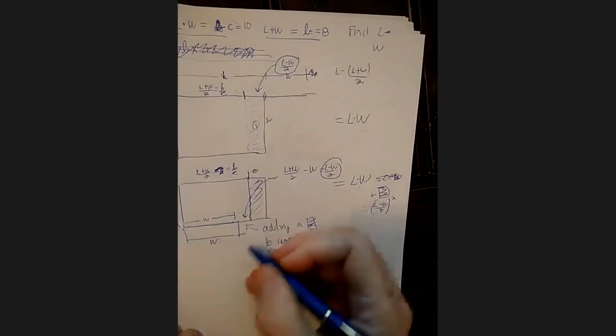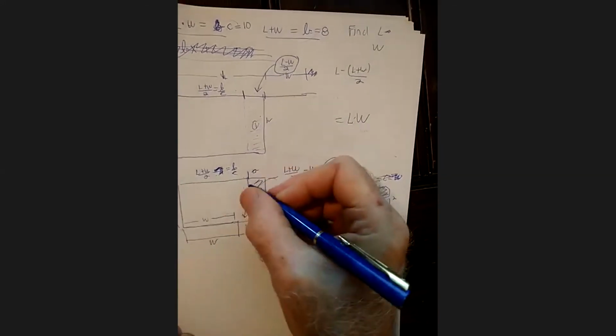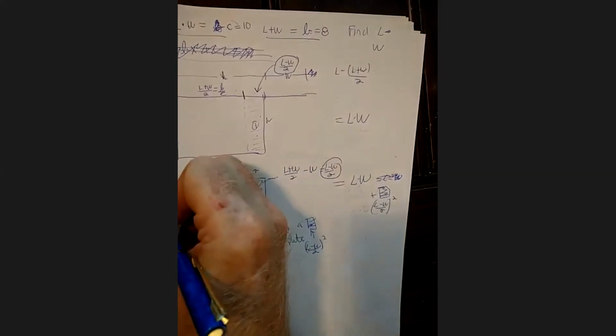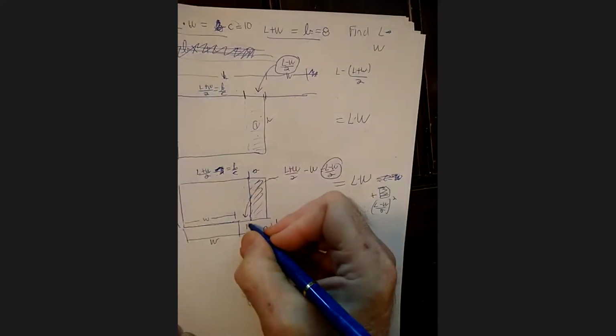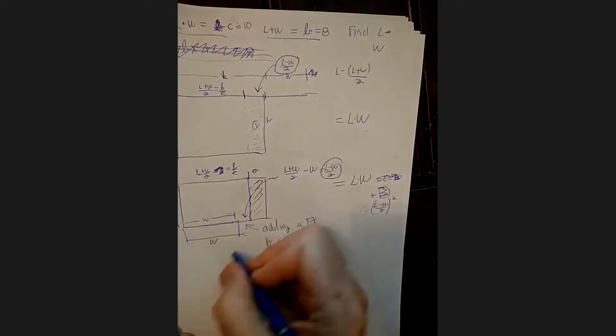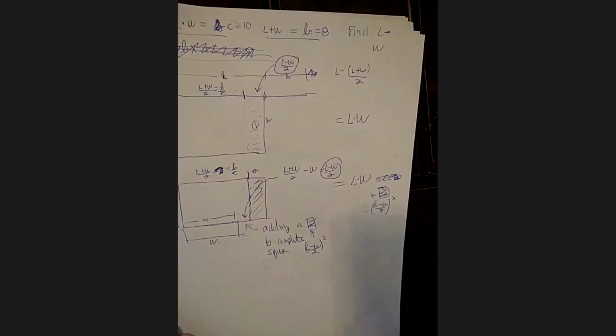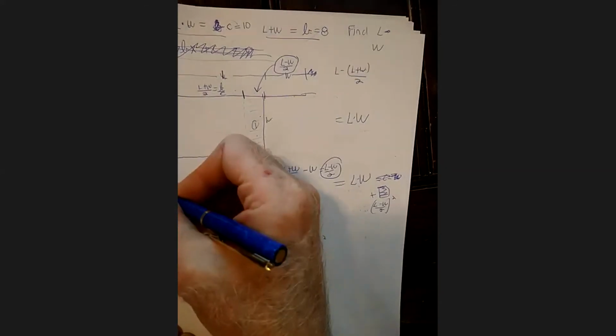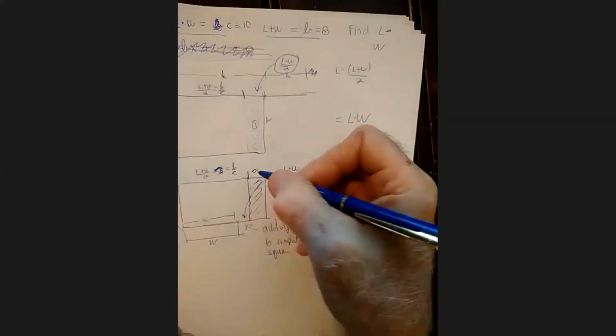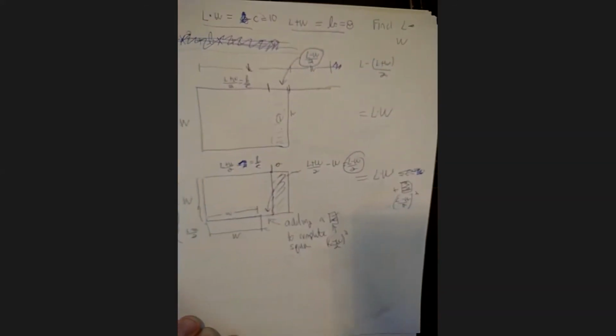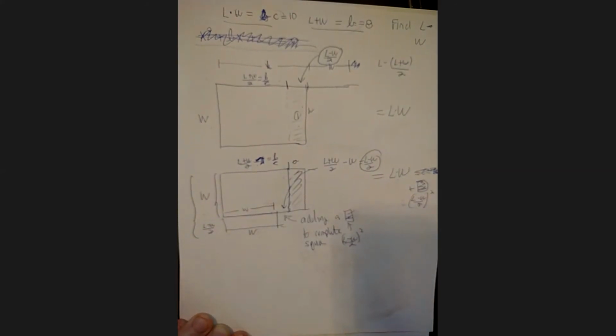So notice that we have over here the original, we have a square now. And what are the dimensions of the square? L minus W over 2 squared. The whole square?